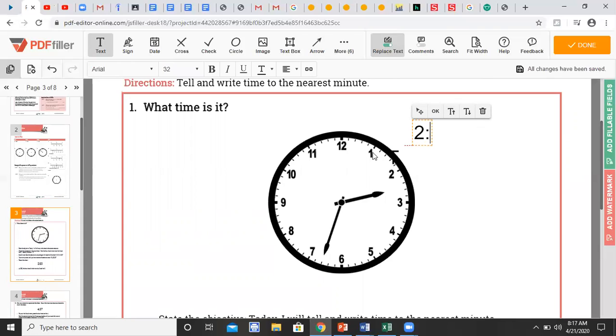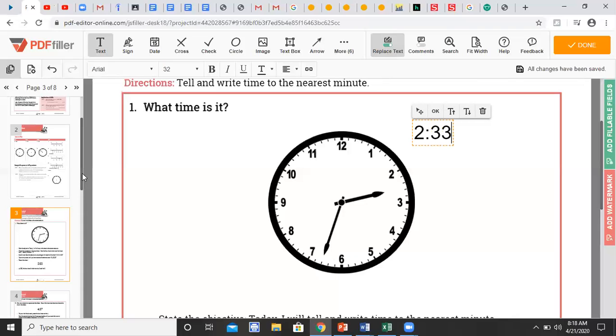So we have 5, 10, 15, 20, 25, 30, stop, and then we'll begin counting by ones. 31, 32, 33. So we see that the time is 2:33.